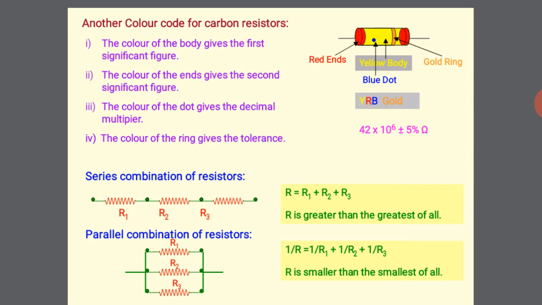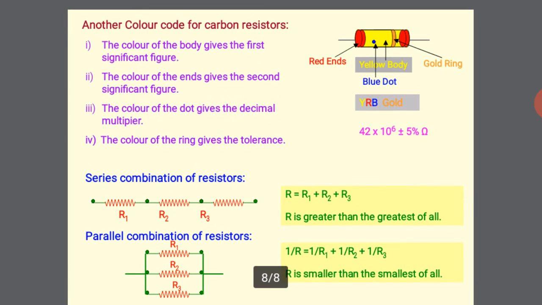The color of the dot gives the decimal multiplier, and in our example it is blue. The color of the ring gives the tolerance, and in this diagram it is gold color. So the resistance of this given resistor will be equal to 42 into 10 to the power 6 plus minus 5%.